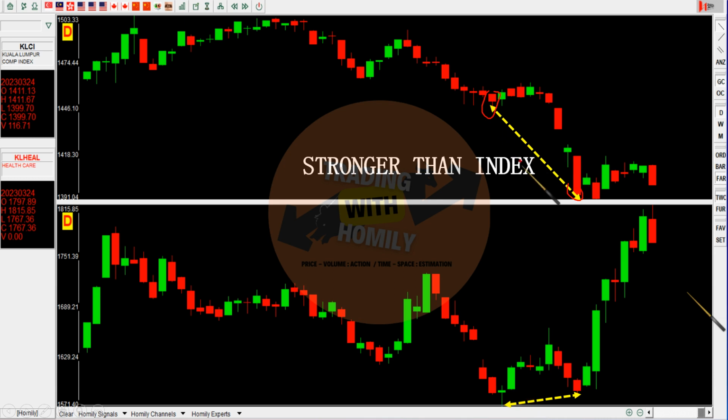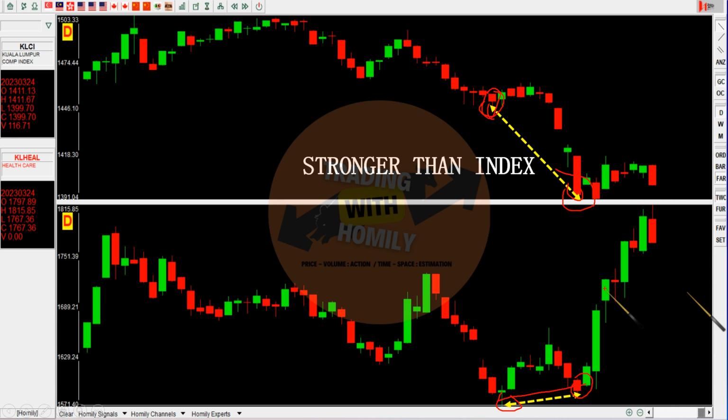We can see here the index makes a lower low, but the healthcare index makes a higher low. That's why last week we mentioned the healthcare index is stronger than the KLCI, right?